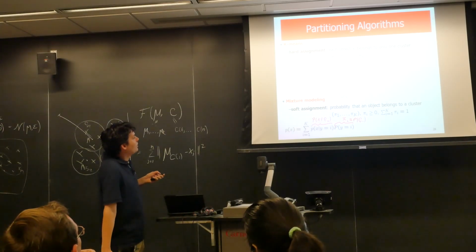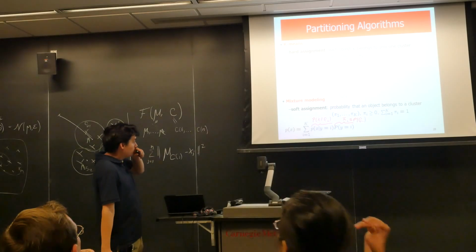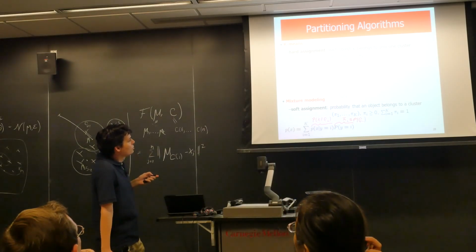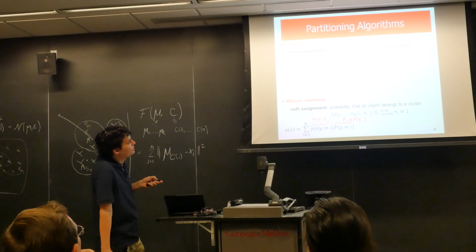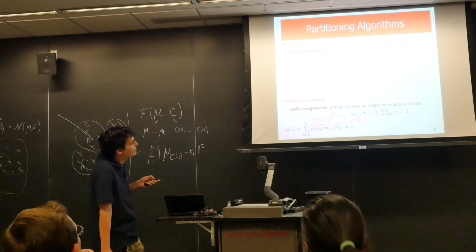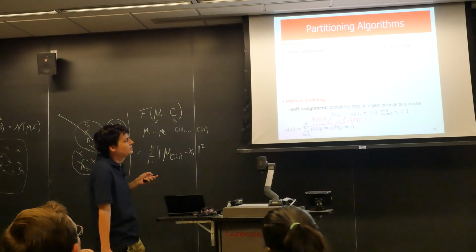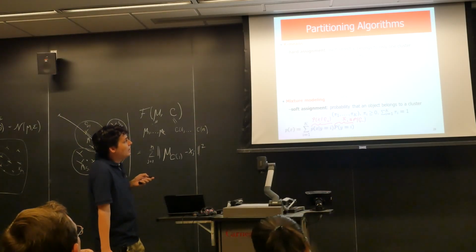Okay, so again with partition algorithms, I just tried to illustrate here that I partition this two-dimensional domain into different parts, and in each part I fit a parametric model, say a Gaussian.